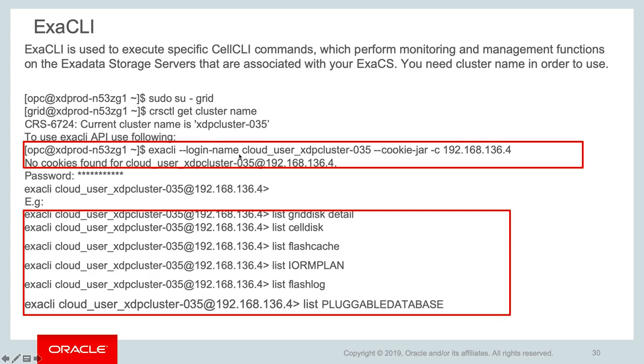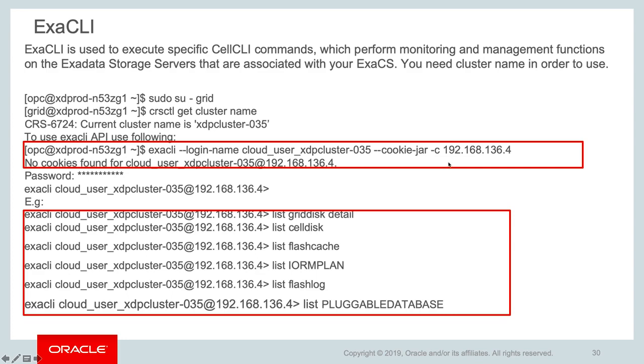So it is cloud underscore user underscore cluster name. So the cluster name you got from this command, you will append it with cloud underscore user. So that will become your exacli login. Then hyphen-hyphen cookie jar and hyphen c, and this value 192.168.136.4, which is the IP address of one of your storage cells.